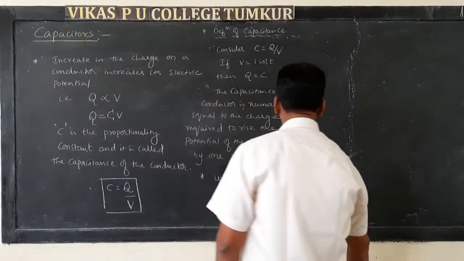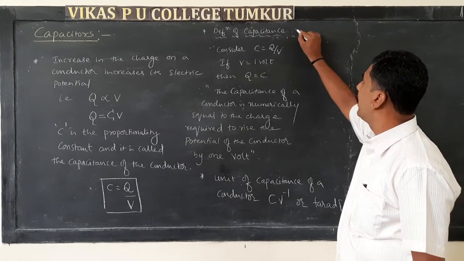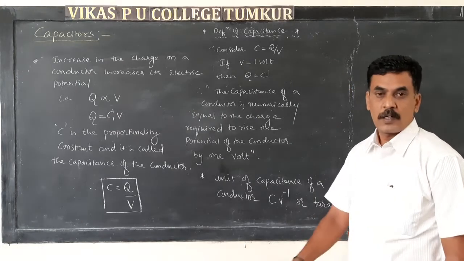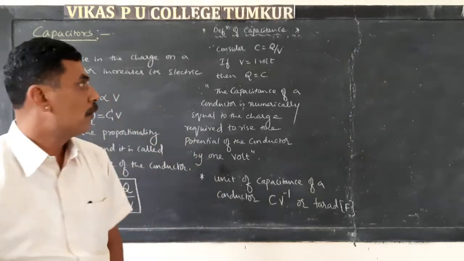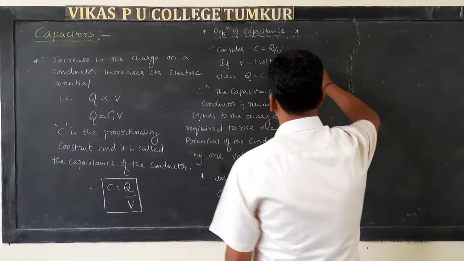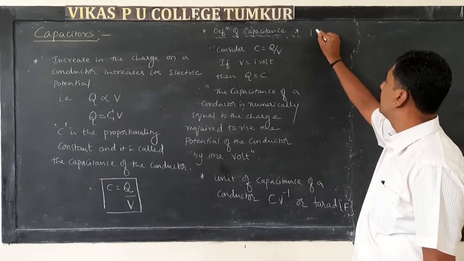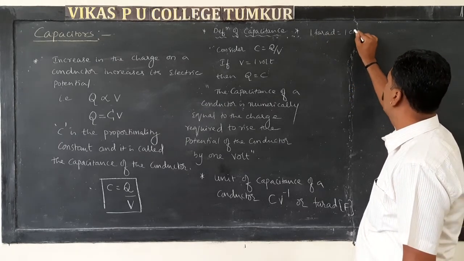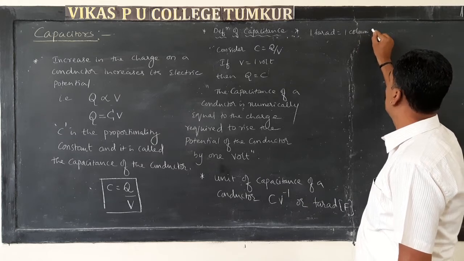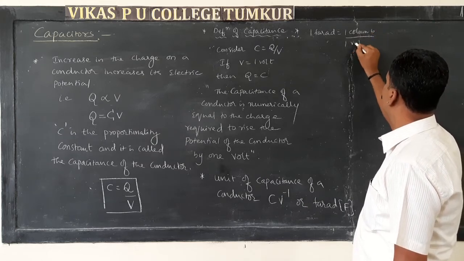So now, how to define 1 farad? 1 farad should be equal to 1 coulomb by 1 volt.